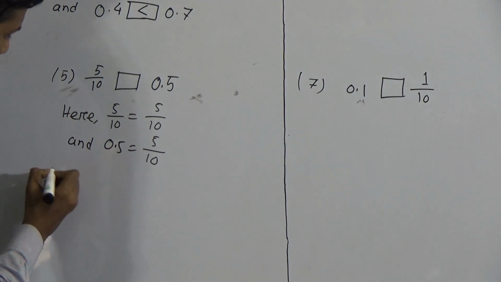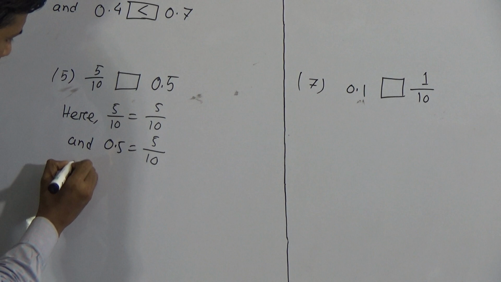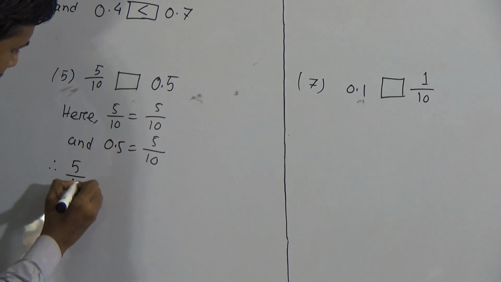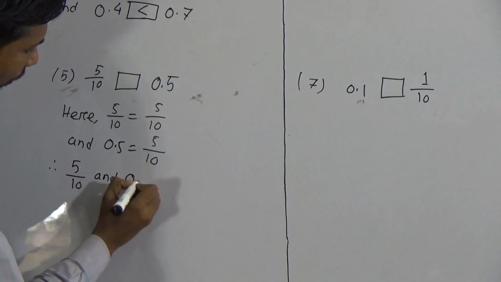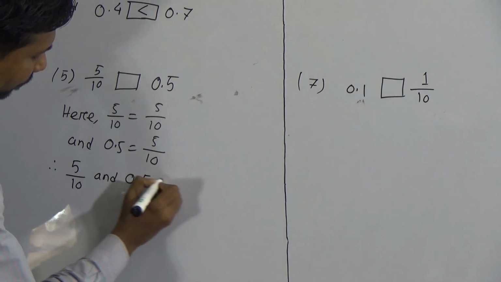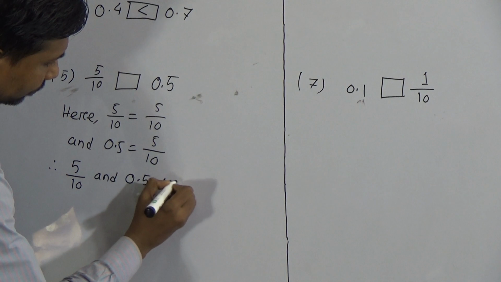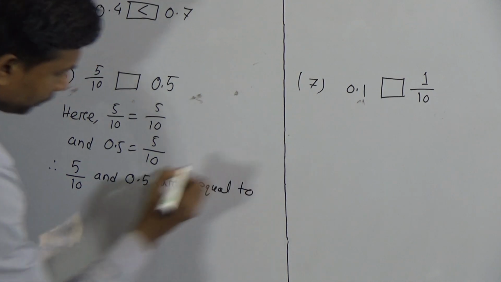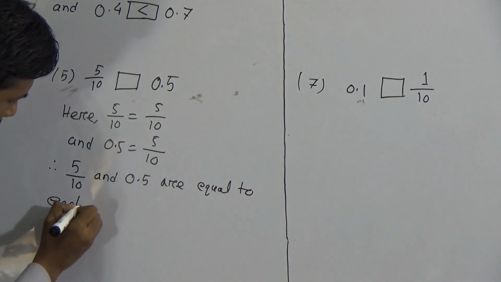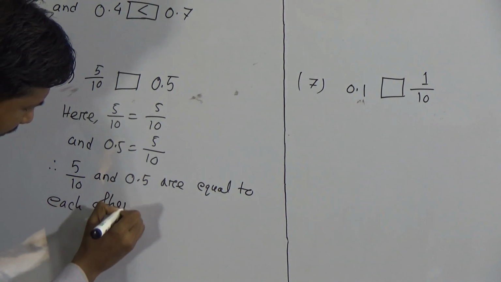Therefore write, 5 by 10 and 0.5 are equal to each other.